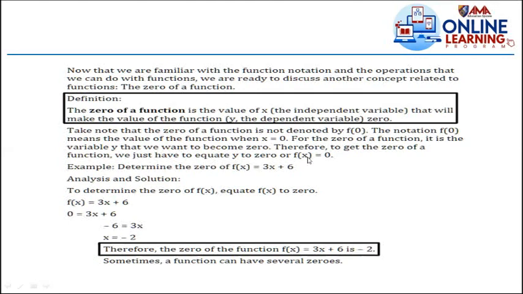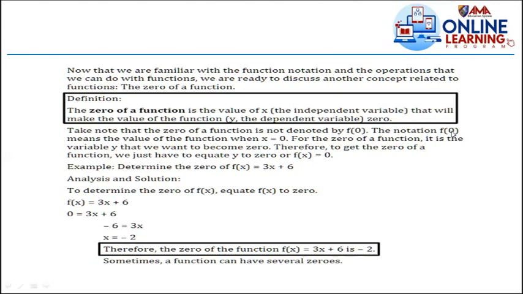Take note that the zero of a function is not denoted by f of 0. The notation f of 0 means the value of the function when x is equal to 0. Okay? So, ibig sabihin, hindi siya ibig sabihin na times 0, no? Kung ano yung value dito represents the value of x.